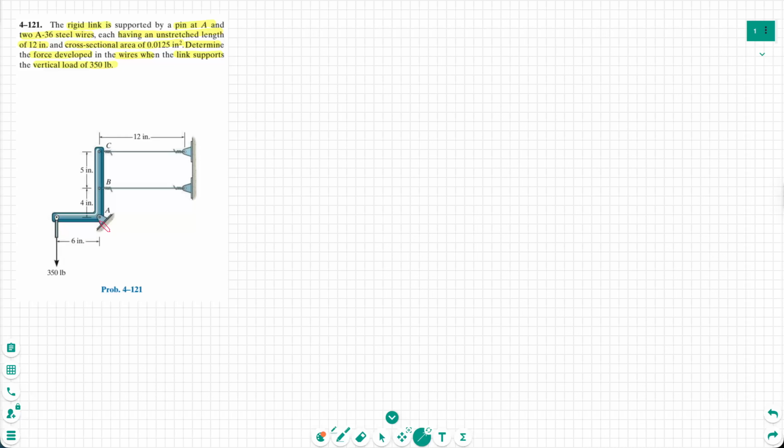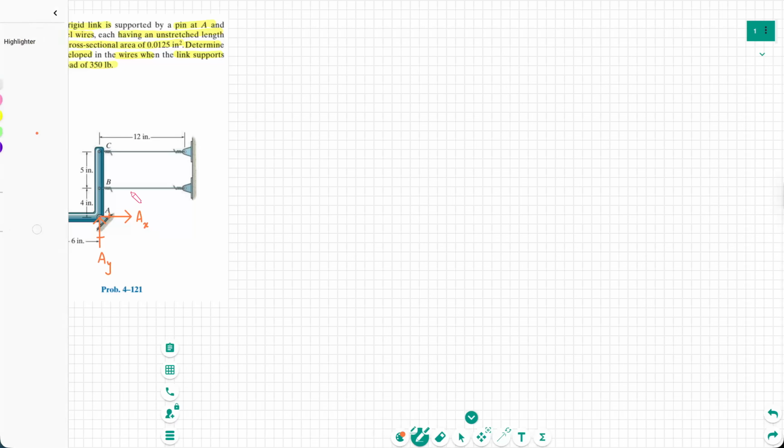Because we have a pin at A, I can use this to show the vertical and horizontal reactions at A. So I can call them, for example, AY and AX.